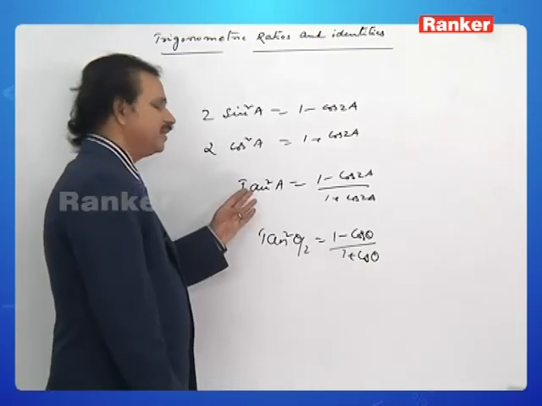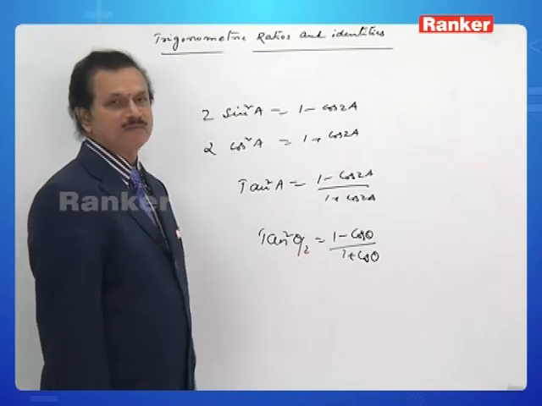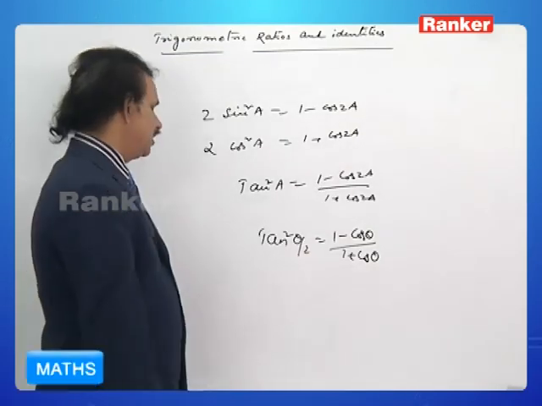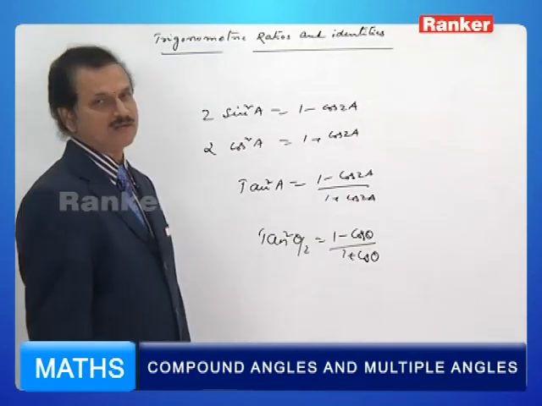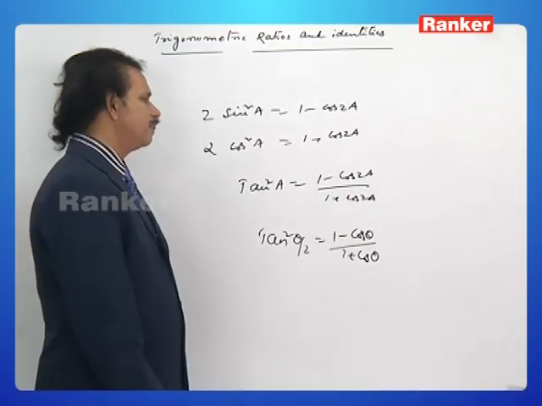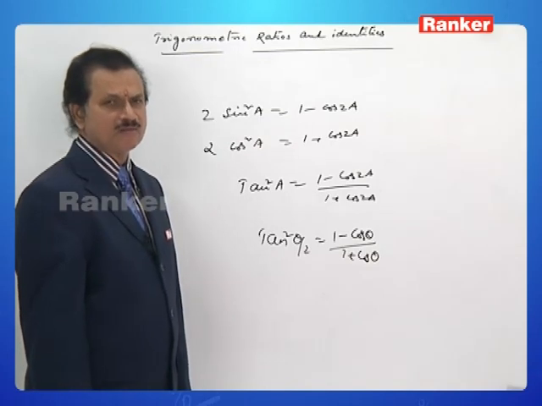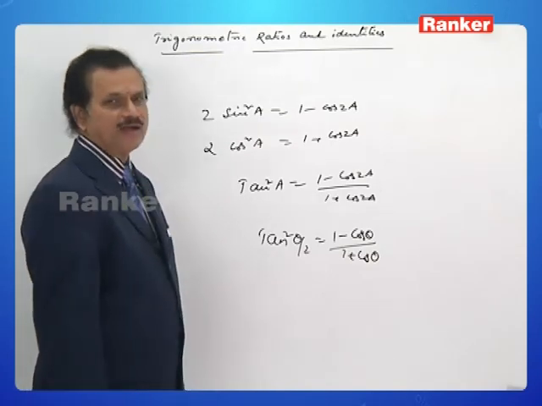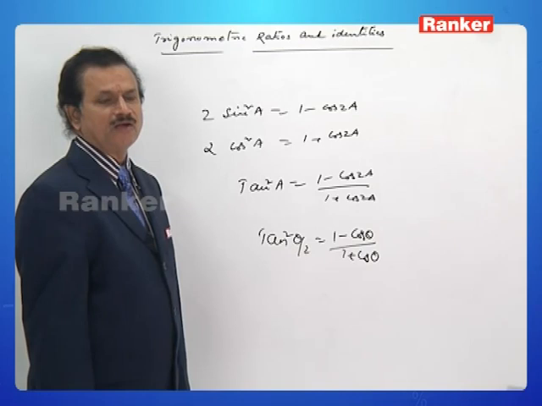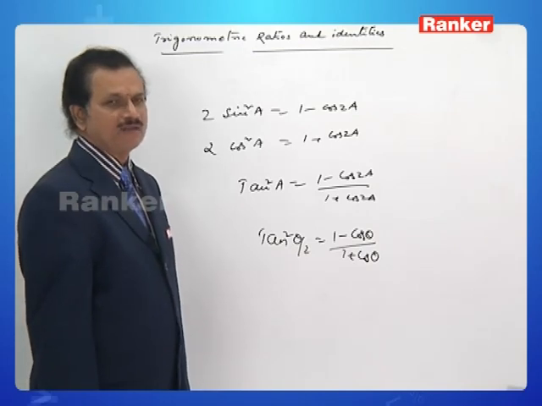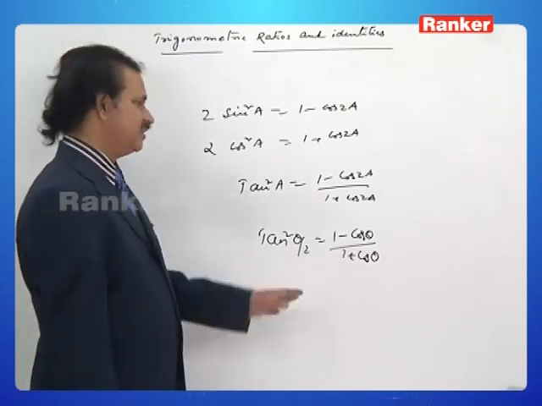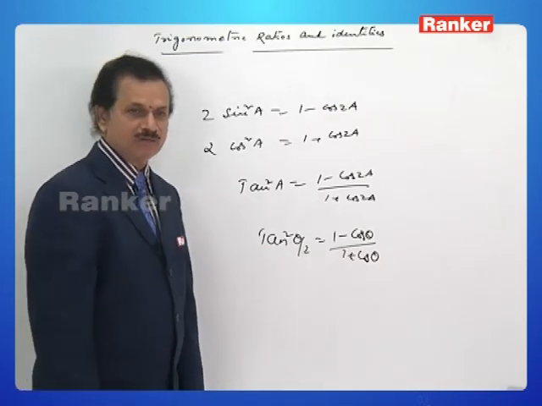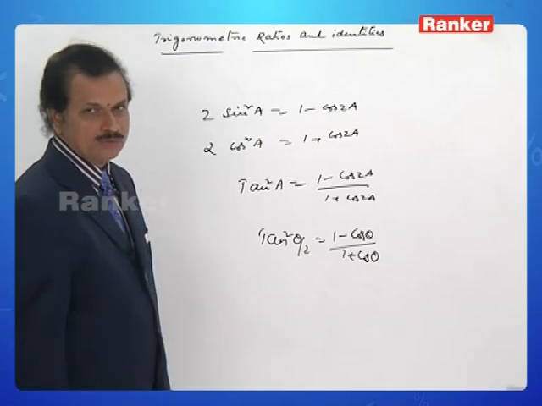If you want tan a, it is plus or minus under root 1 minus cos 2a by 1 plus cos 2a. If you want tan theta by 2, it is plus or minus root of 1 minus cos theta by 1 plus cos theta. The sign, either plus or minus, will be decided according to the quadrant in which the angles involved lie. Yes, that is the matter about tan square theta by 2.